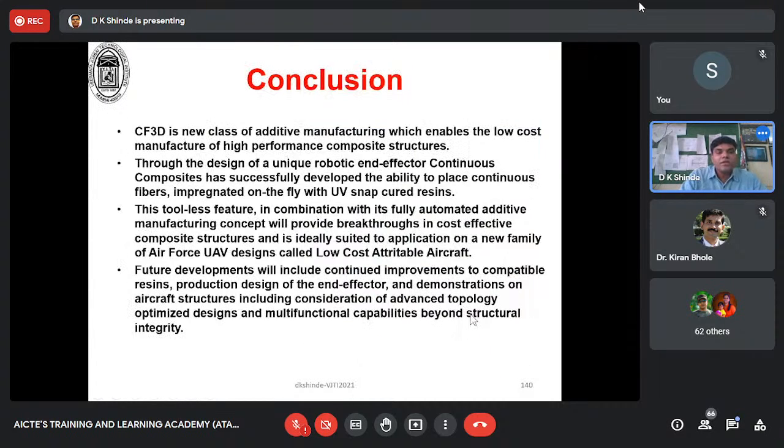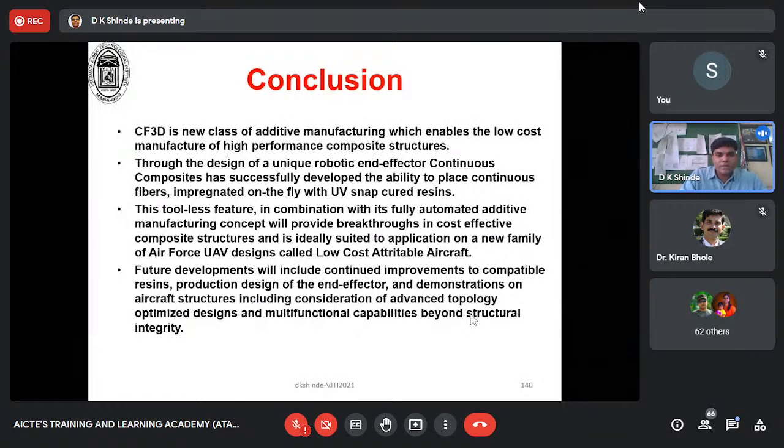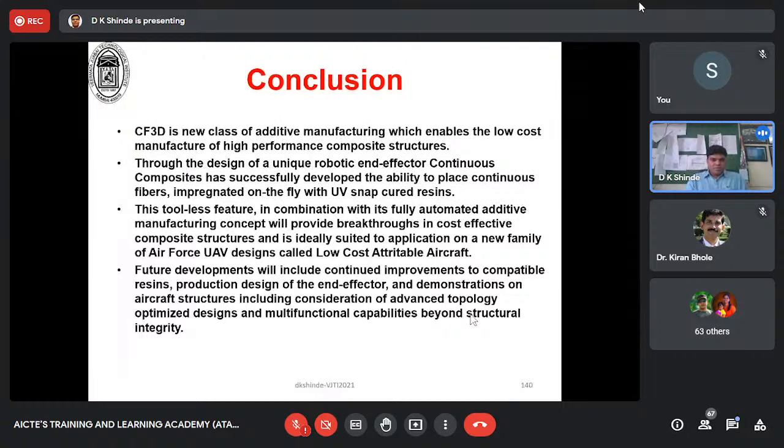So in conclusion, 3D printing is a new class of advanced manufacturing, additive manufacturing, which enables low cost manufacture of high performance composite structures through a continuous end effector, with fibers impregnated with resin and UV curing systems.